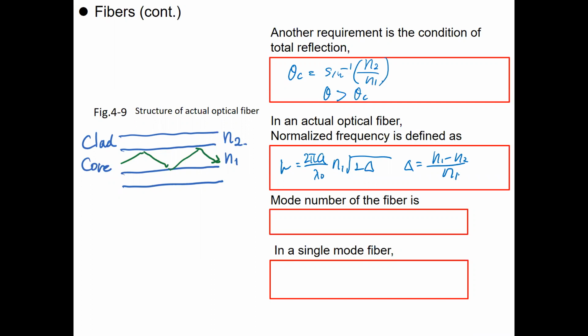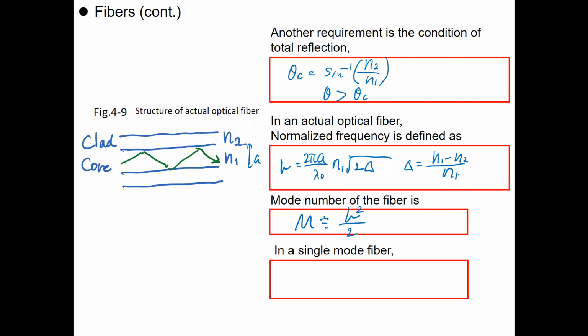By the way, this distance is a, the radius. The mode number allowed in this optical fiber can be roughly estimated as nu squared over 2.